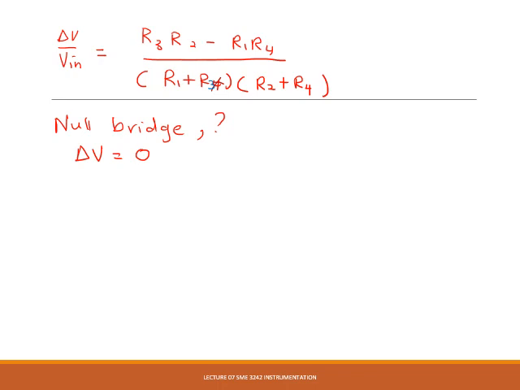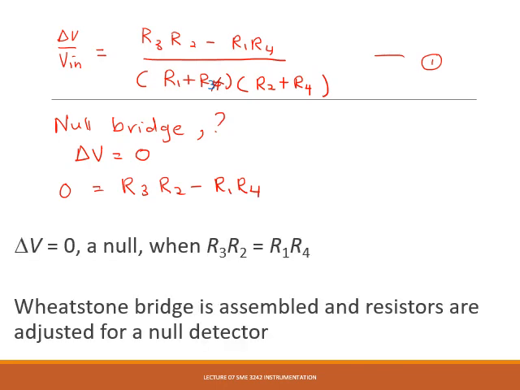So if we put 0 into our equation here, it will become 0 equal to R3 R2 minus R1 R4. Therefore we will have R3 R2 equal to R1 R4.